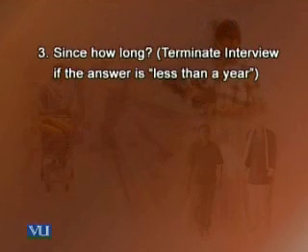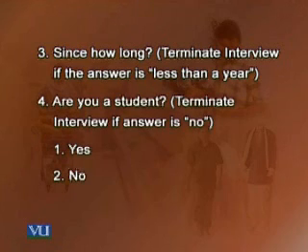Question number 3 is, since how long? We established earlier that we need consumers who have been using mobile phones for at least 1 year. So anyone who has not been using a mobile phone for at least a year could not become a respondent in this study. Question number 4 is, are you a student?